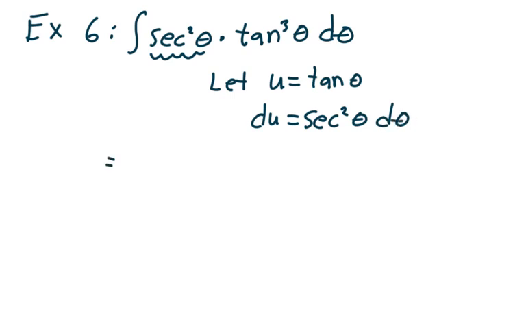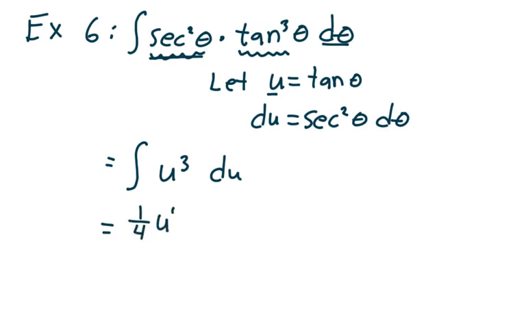And so this gives me the integral, okay? Now, secant squared theta d theta is my du. That's right there. Tangent cubed theta is the same as u cubed. So we get u cubed du. We're going to integrate that. And so this is 1/4 u to the 4th plus c, but u is tangent theta.